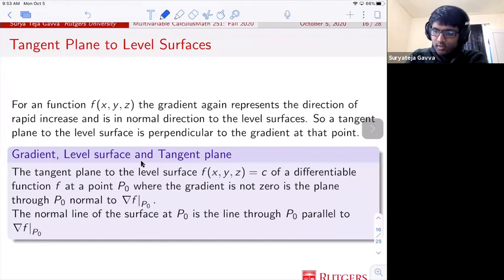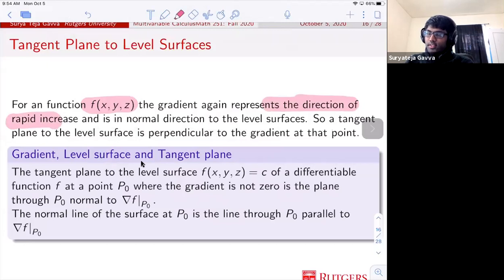Let's say again, even in the case of three variables, f of x, y, z, the gradient gives you the direction of rapid increase. Okay, there's no difference between two variables and three variables. The direction of the gradient will always give you the direction of the most increase.